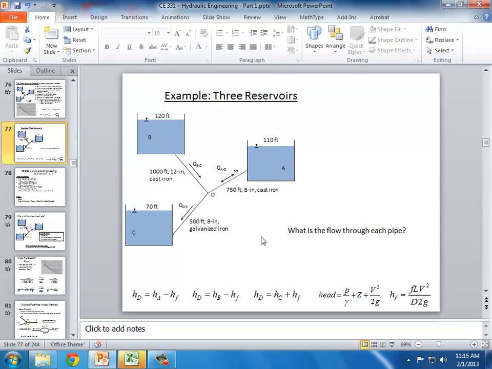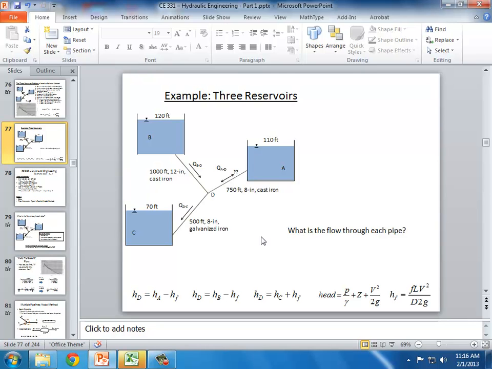So times 12. All right, so does someone have a calculator that can tell us the relative roughness for this 8-inch pipe? In other words, what's 0.00085 times 12 divided by 8? 1.275 times 10 to the negative third.